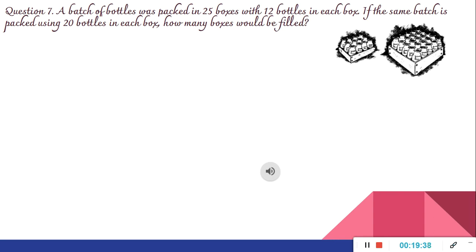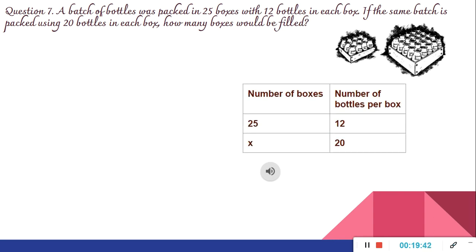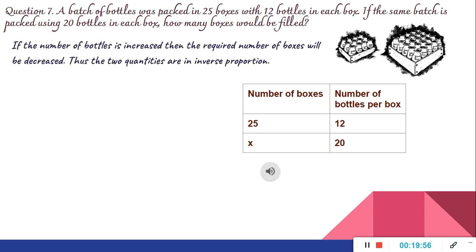If it is 25 boxes, then the number of bottles per box is 12. If the number of bottles per box is 20, then how many boxes are there, that we have to find. Let that be X. Here also we can see that one is increasing and the other one is decreasing, so it is inversely proportional.